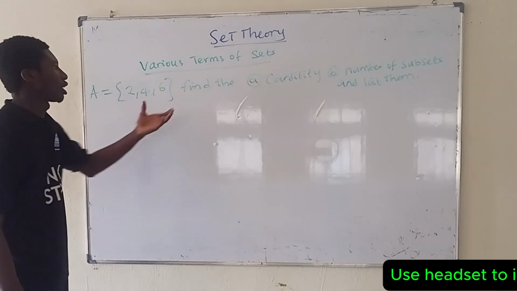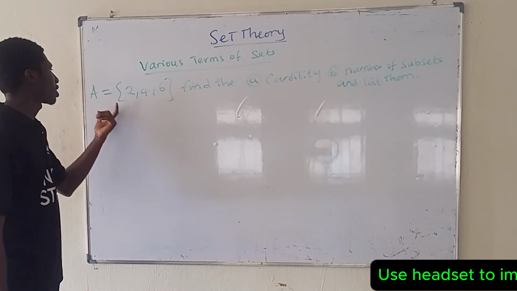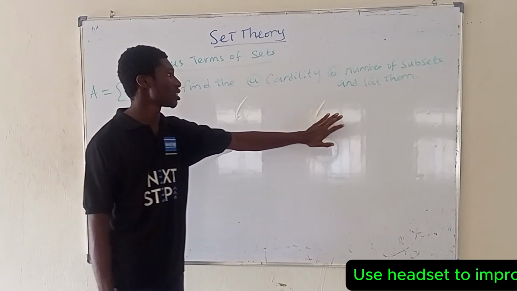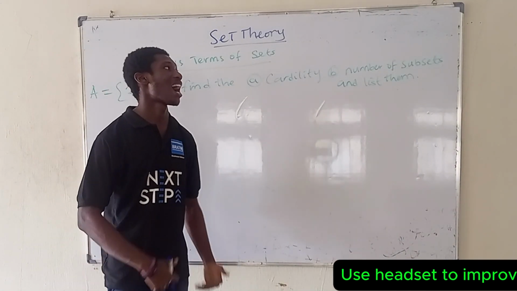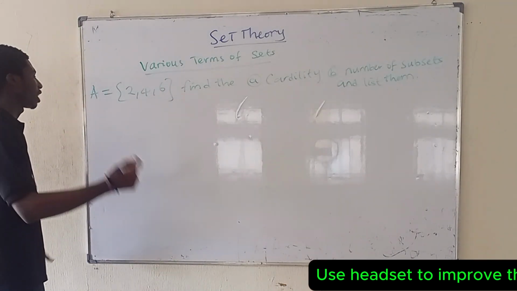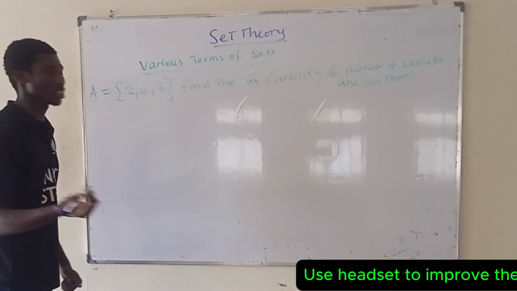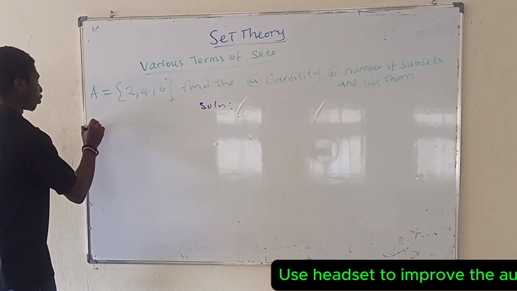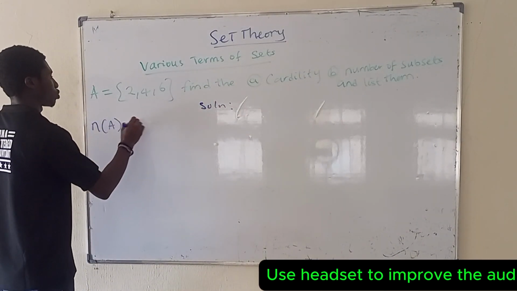Now we have this example, and we say we have a set A is equal to {2, 4, 6}. We should find the cardinality and the number of subsets and list them. Now, first thing is the cardinality. Cardinality is the order of sets. So therefore, write the solution. Number of A will be equal to 1, 2, 3.